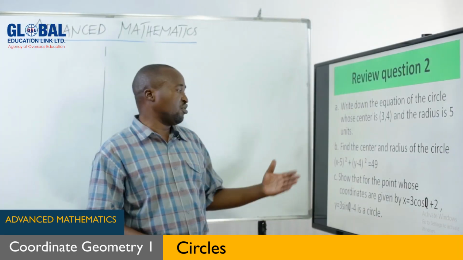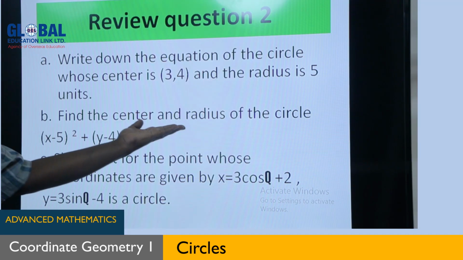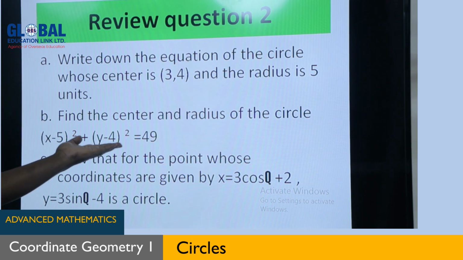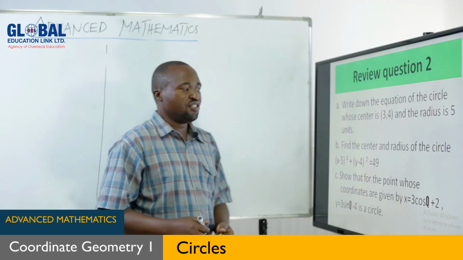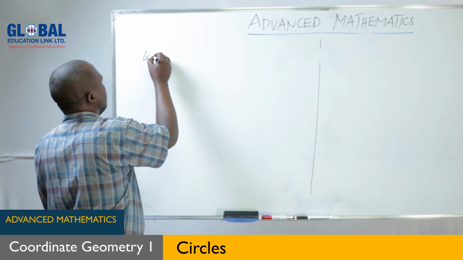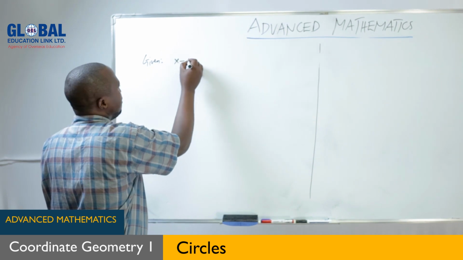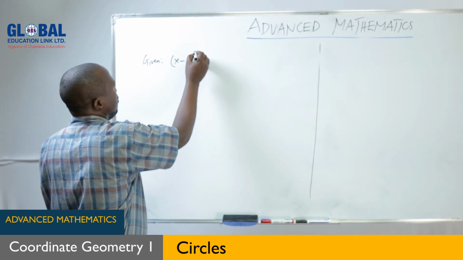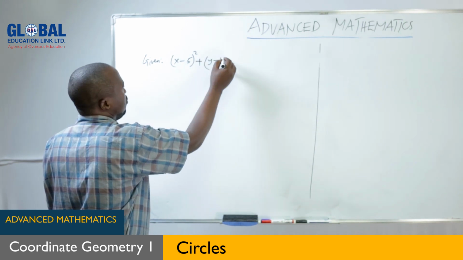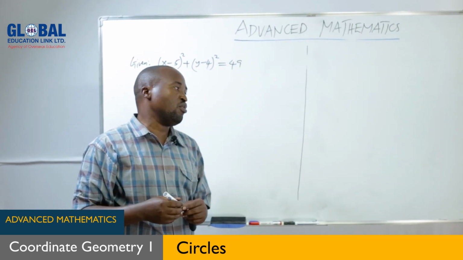So dear student, we proceed with the second question, 2b. Find the center and radius of the circle (x minus 5) squared plus (y minus 4) squared is equal to 49. That is the equation we are given.